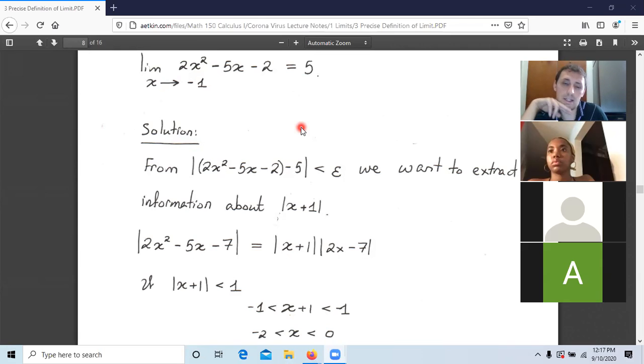If I'm a plumber, I don't really like to say the word x. What is it that I truly mean? If I start speaking plumber language, not math language, what is absolute value of x plus 1 less than 1 about?